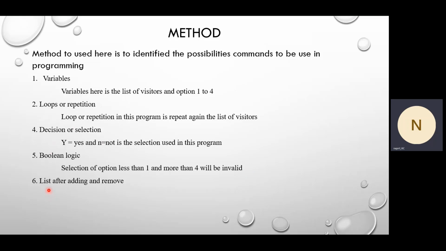Number 6 is the list after adding and removing. We need to display the list again when we enter a new name or remove a visitor name, so the program will list the current visitors entering the building.